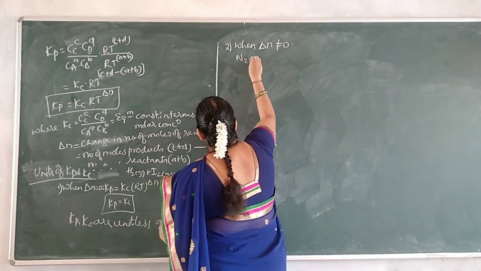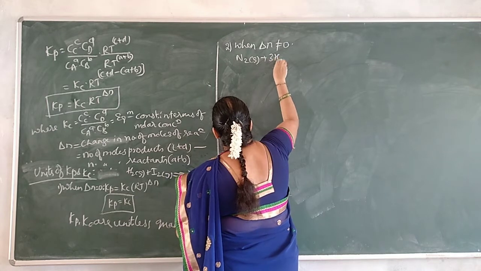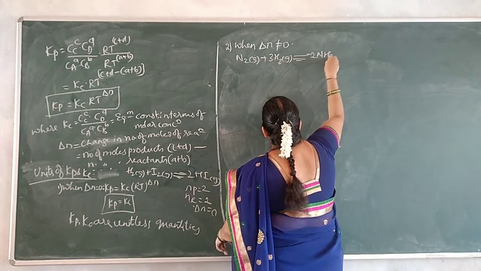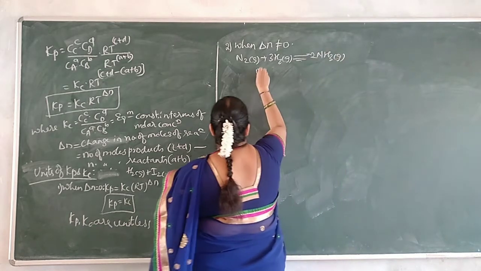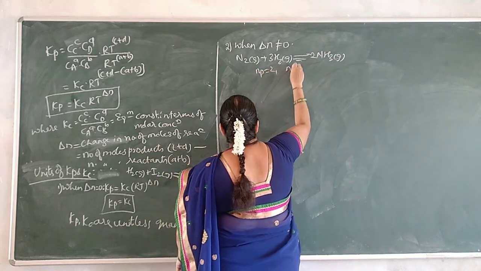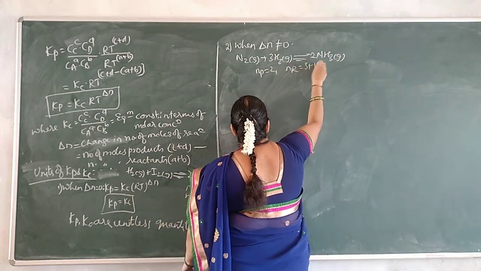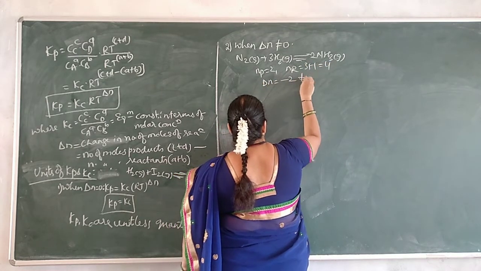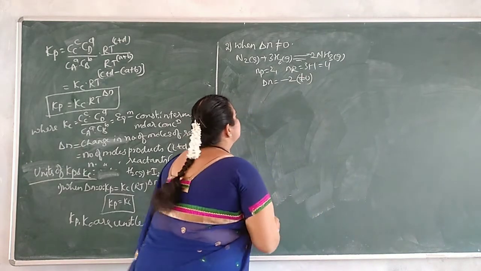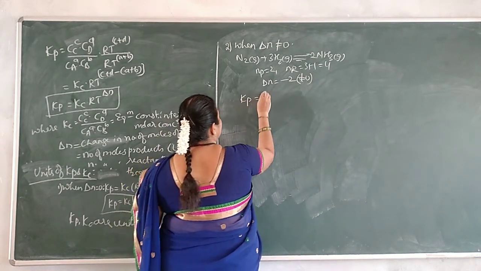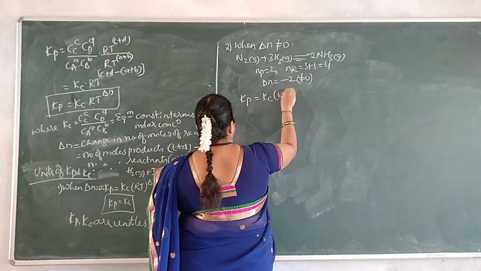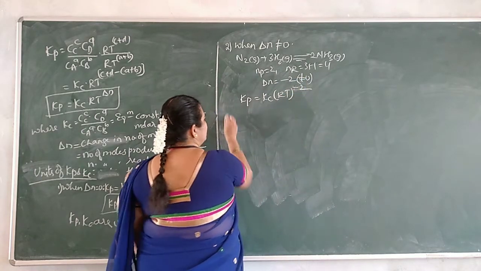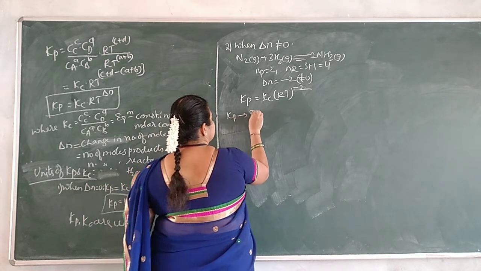The example will be N2 gaseous plus 3H2 gaseous, reversibly giving 2NH3 gaseous. Np is equal to 2, Nr is equal to 3 plus 1 equals 4. Delta N is equal to minus 2, not equal to 0. In this case, Kp is equal to Kc into RT raised to delta N, that is minus 2.